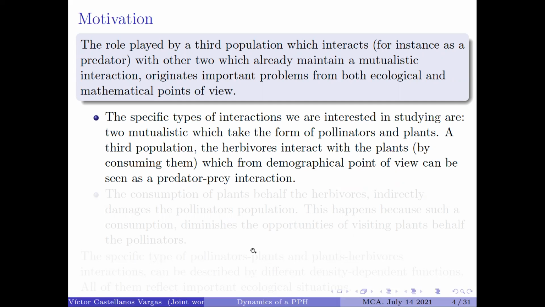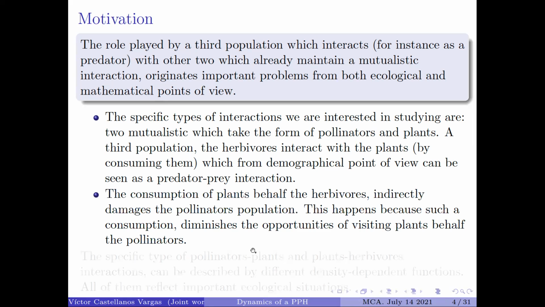A third population, the herbivores, interacts with the plants by consuming them, which from a demographic point of view can be seen as a predator-prey interaction. By consuming plants, the herbivores indirectly damage the pollinator population. This happens because such consumption diminishes the opportunities of the pollinators to visit plants.